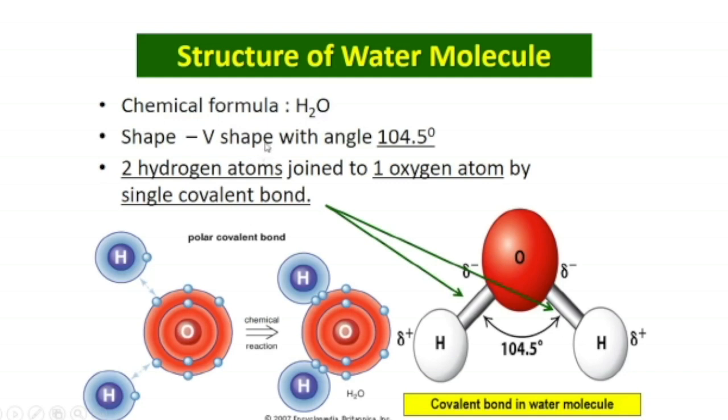The shape of the water molecule is a V shape with an angle of 104.5 degrees. We can see that 2 hydrogen atoms join to 1 oxygen atom by a single covalent bond.